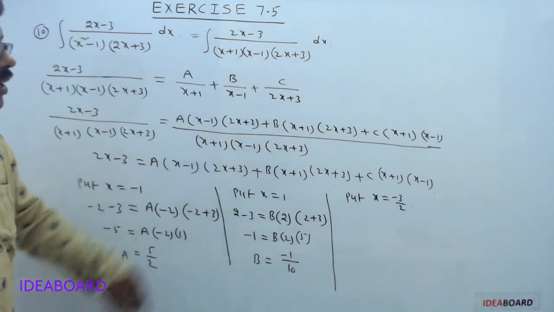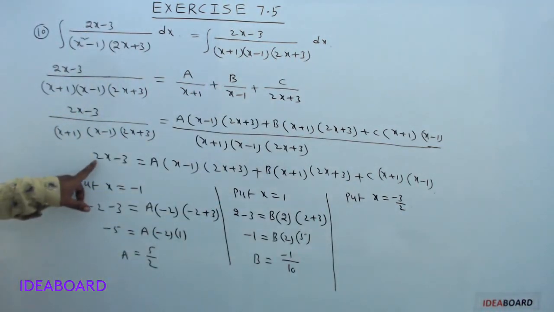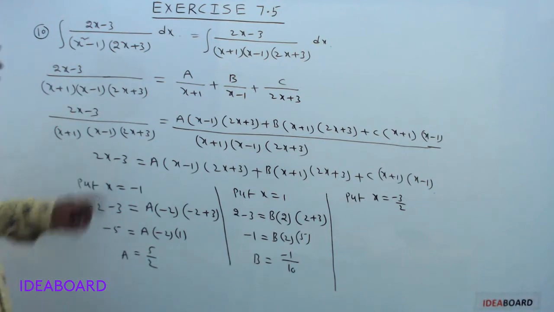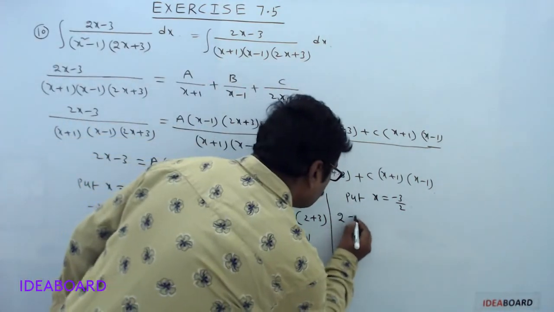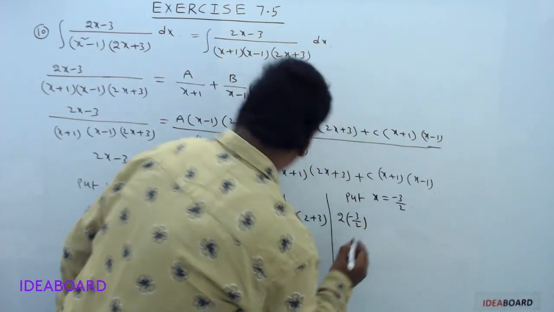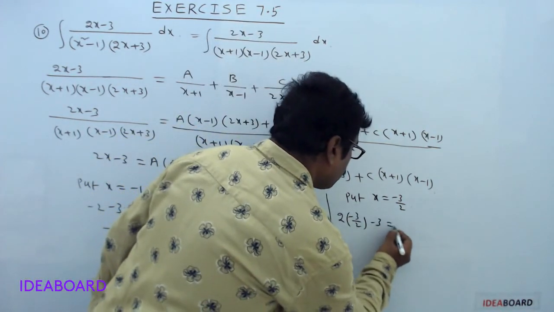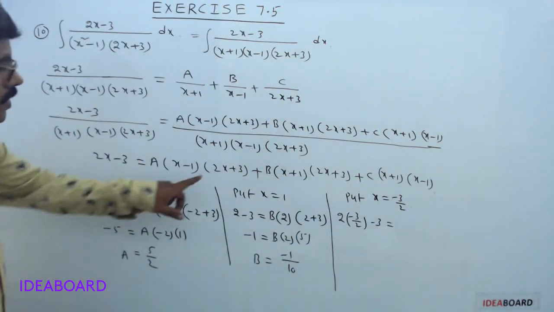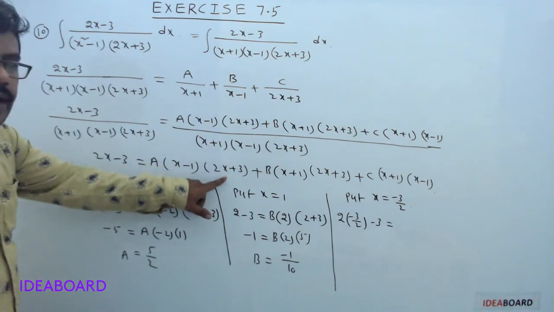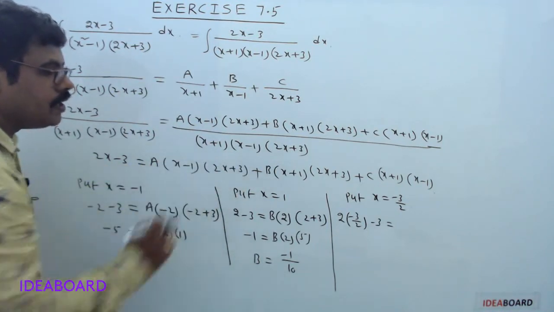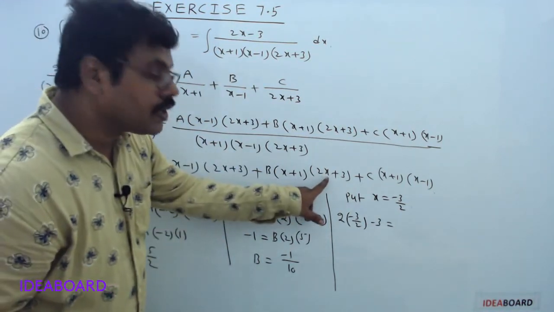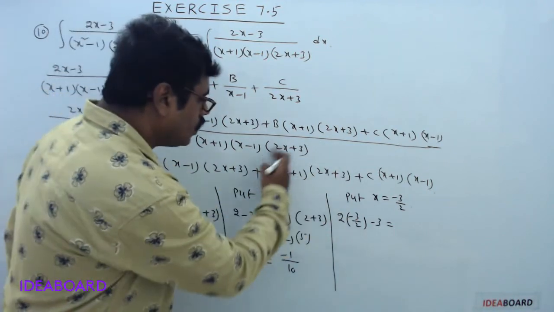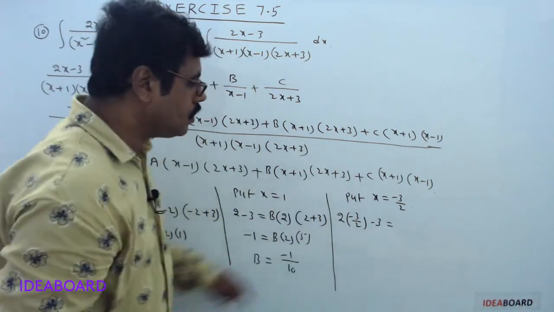Here 2 into minus 3 divided by 2 minus 3 equals, by substituting x equal to minus 3 by 2, this entire term will be 0.